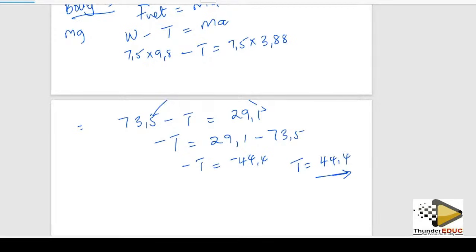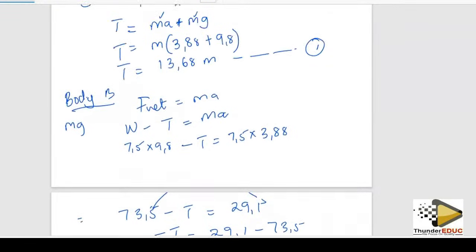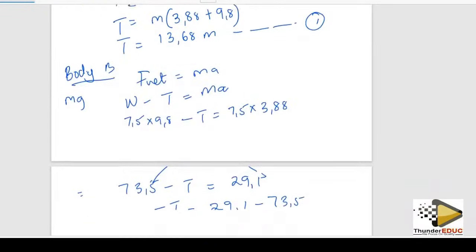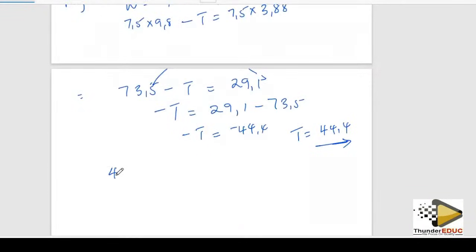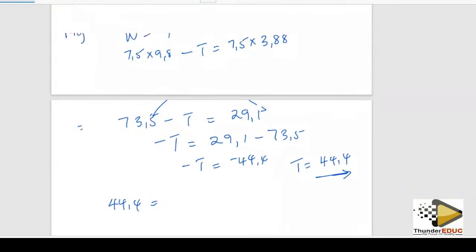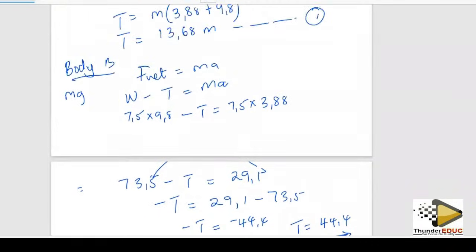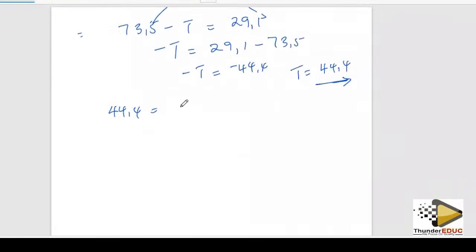Then I'll get this tension and substitute it into the first equation, which means 44,4 is equal to 13,68m. And then I can divide both sides by 13,68.